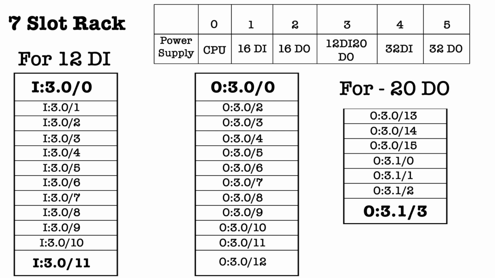I think it's clear to you that the format is the same: the file type, whether input or output, I stands for input, O stands for output. Then the separator colon, then the slot number it is connected to, then dot, the separator, then the word number and the bit number. In one word we have 16 bits, and the bit number ranges from 0 to 15.